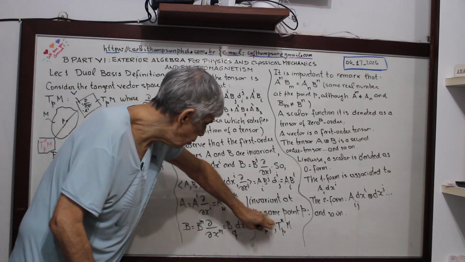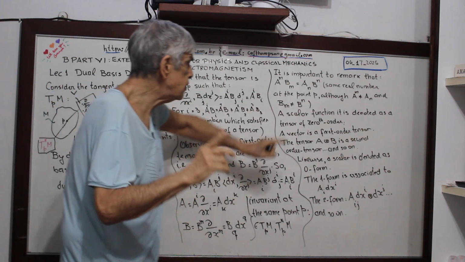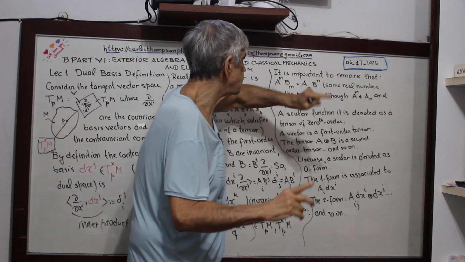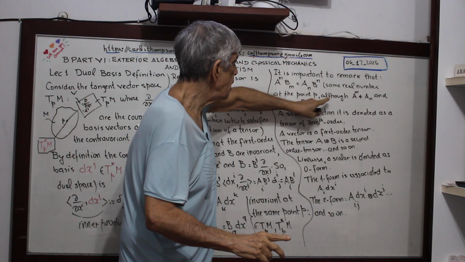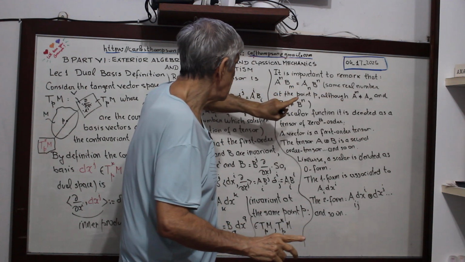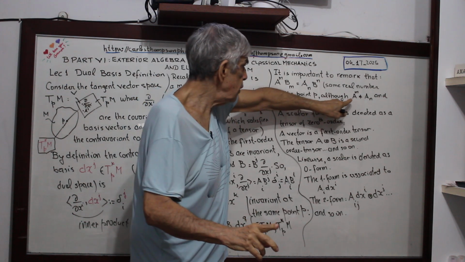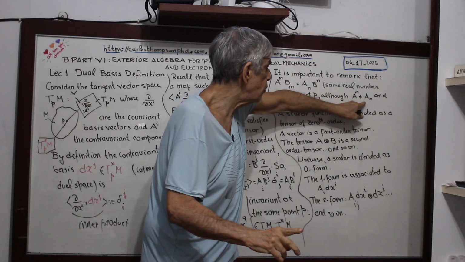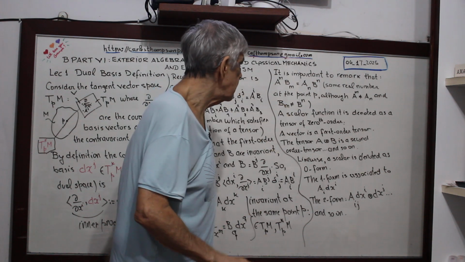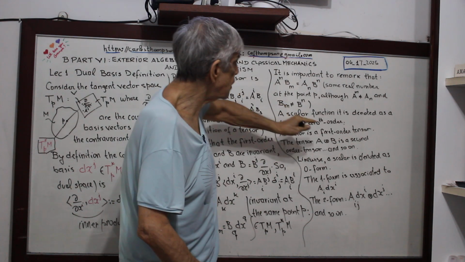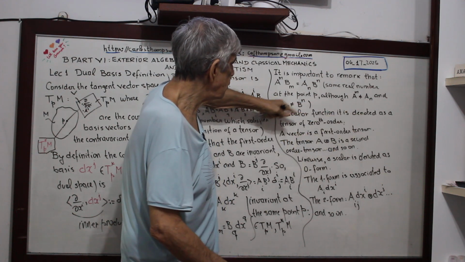That's the point P. So it is important to remark that a^m b_m is equal to a^n b_n, the same real number at the point P, although each a^m is different from each a^n, and b_m is different from b_n.